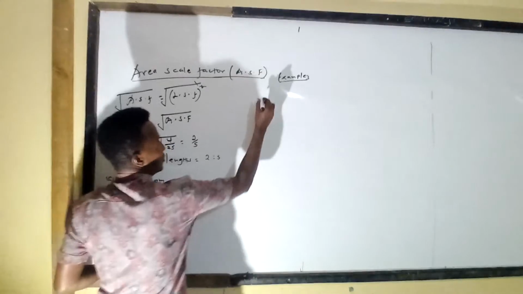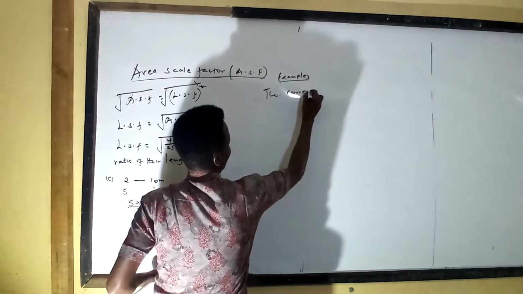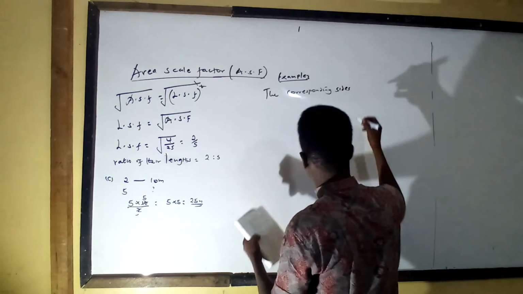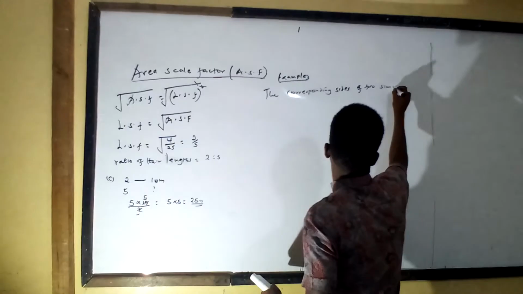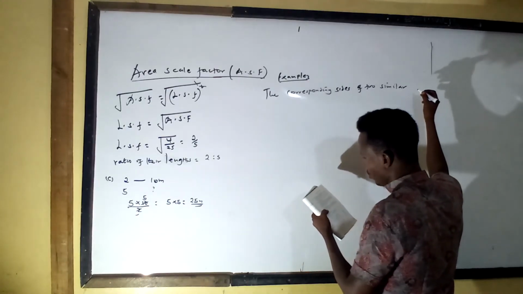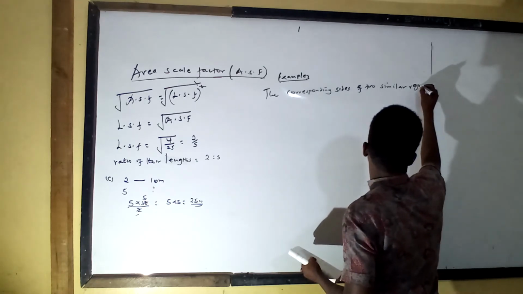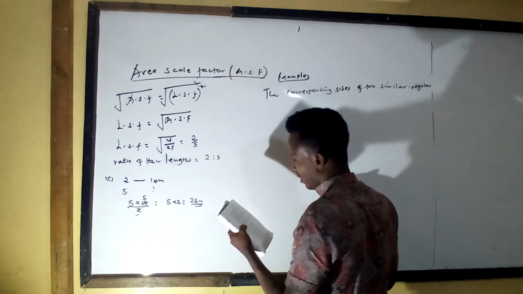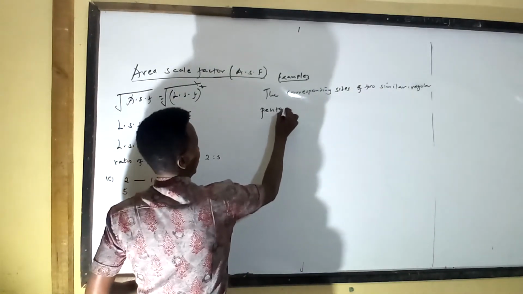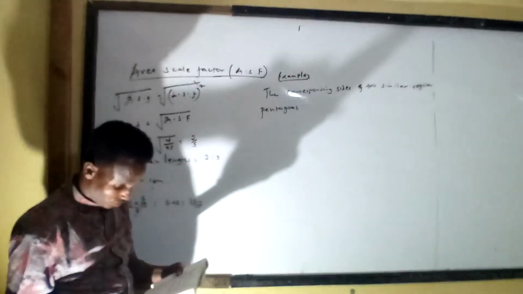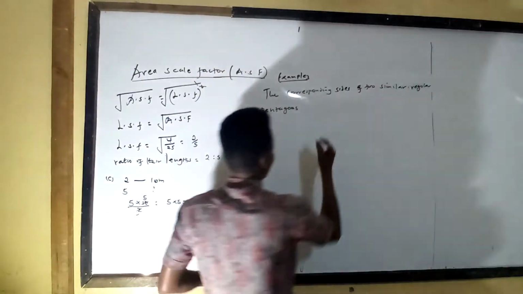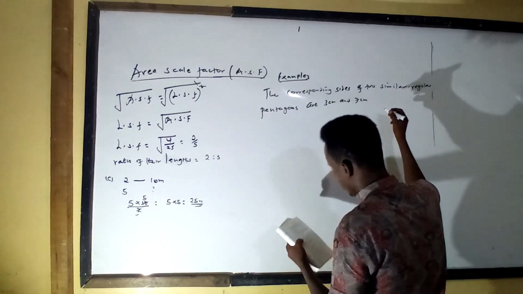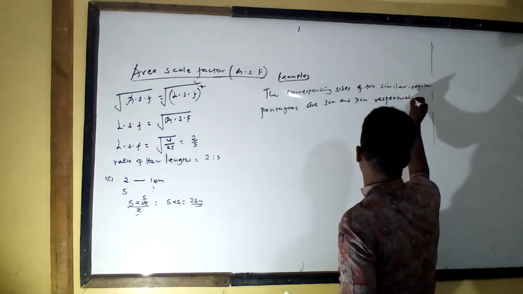You are told the corresponding sides of two similar regular pentagons are 3 centimeters and 7 centimeters respectively.